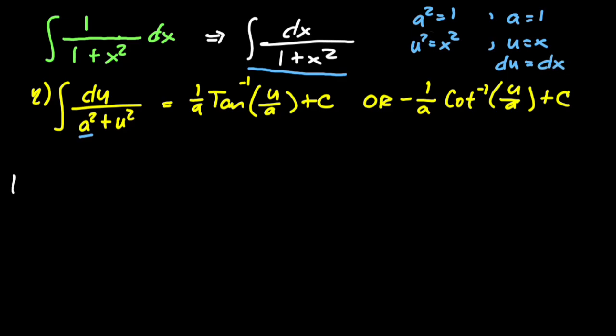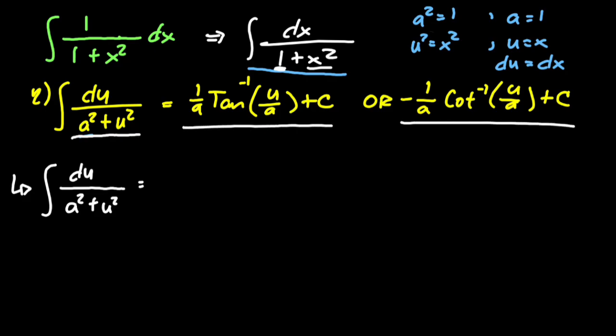Now that we have assigned it, the integral of dx right here is equal to du over a squared, which is 1, plus u squared, which is x squared. So now that we have achieved our base formula, we can answer.